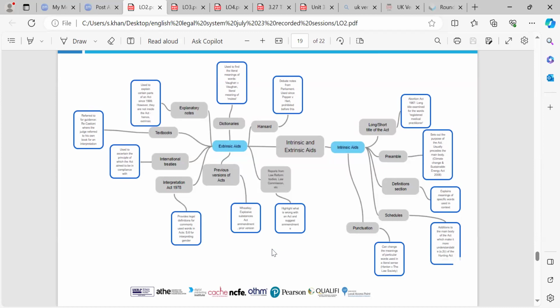And then extrinsic aids could be Hansard, previous versions of Acts, Interpretation Act 1978, international treaties, textbooks, explanatory notes, dictionaries, and Hansard.